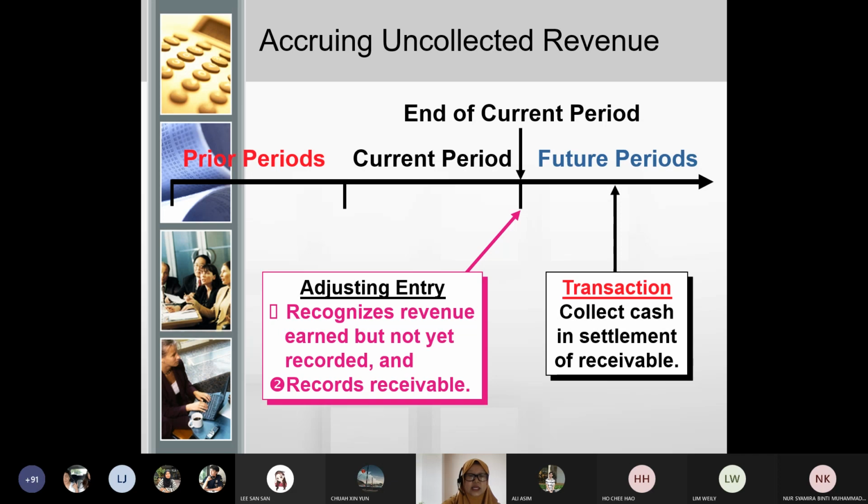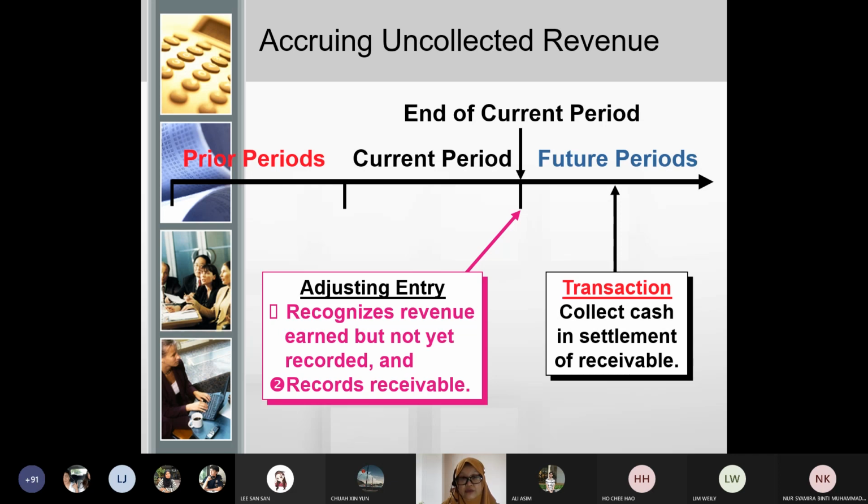Alright, now let's see the next case, accruing uncollected revenue. Accrued revenue means that the revenue has been earned, but the cash will not be collected until the next period.